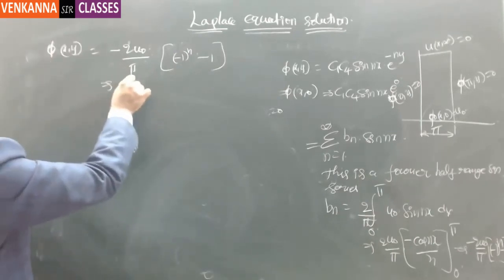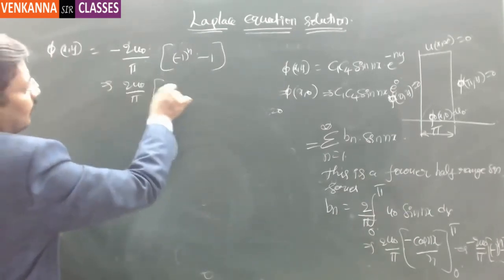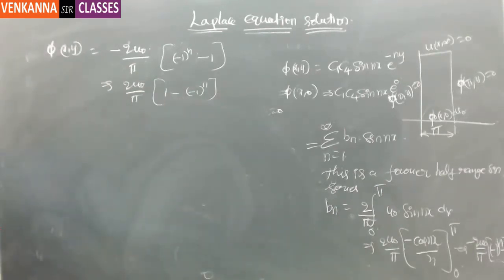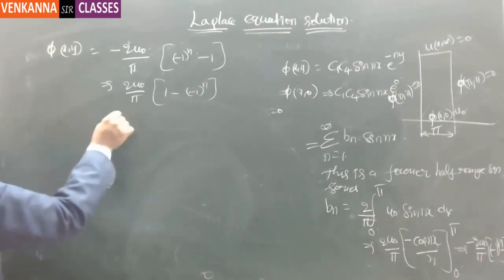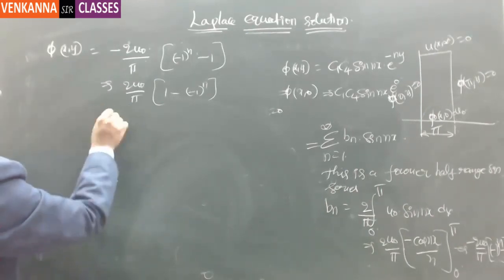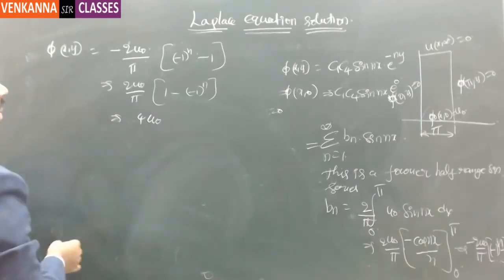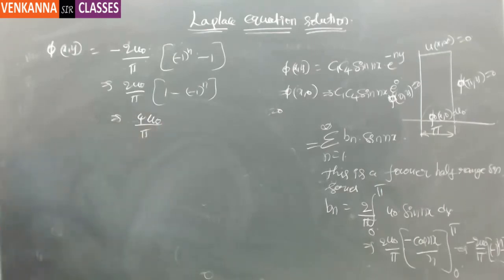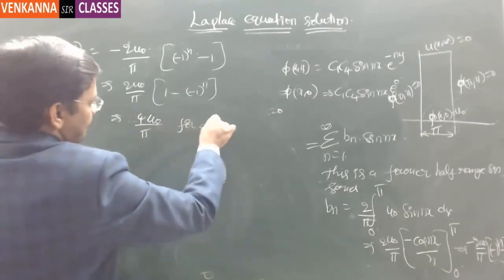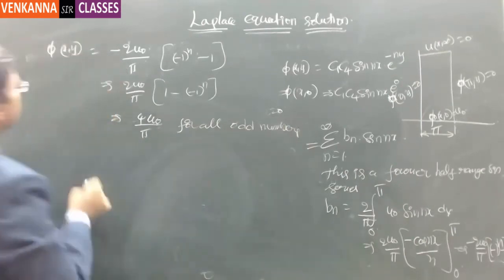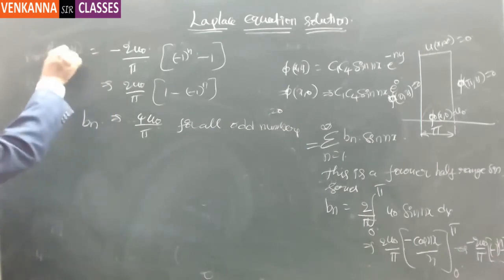So this you can write as 2 u naught by pi into 1 minus minus 1 whole power n. So this is going to be, for any even number this is going to be 0, and for any odd number this will be 2, right? So I will write this as 2 u naught. So this is going to be 4 u naught divided by pi for all odd numbers. So this is going to be the Bn, sorry, this is Bn.